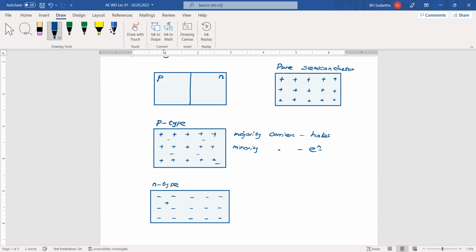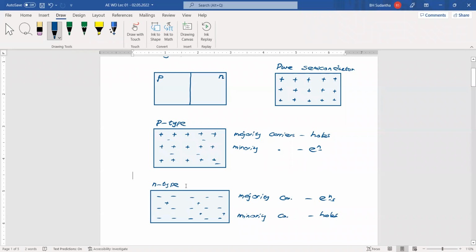Here also we can find both minority carriers and majority carriers. The majority carriers are electrons, and the minority carriers are holes, maybe positive carriers. Now this is the situation with p-type and n-type semiconductors.